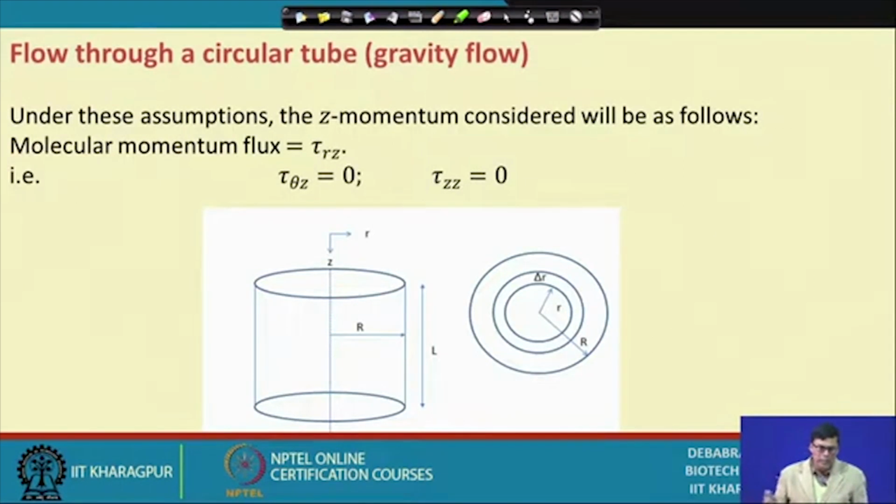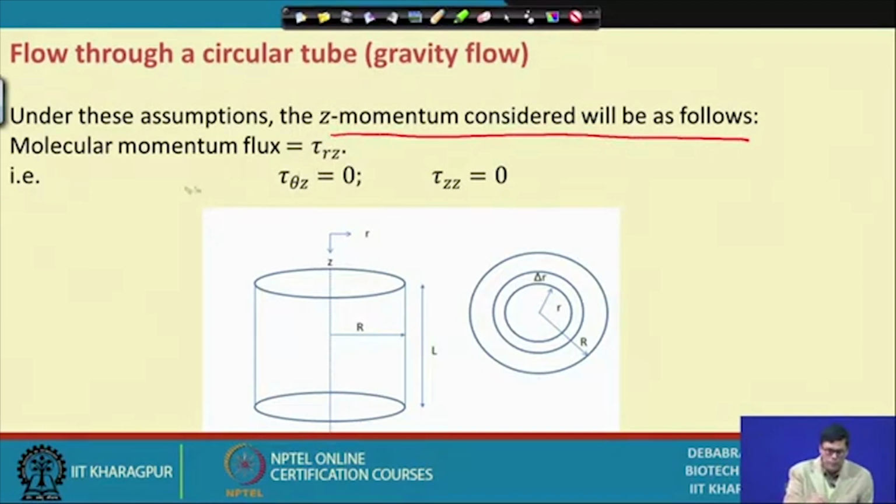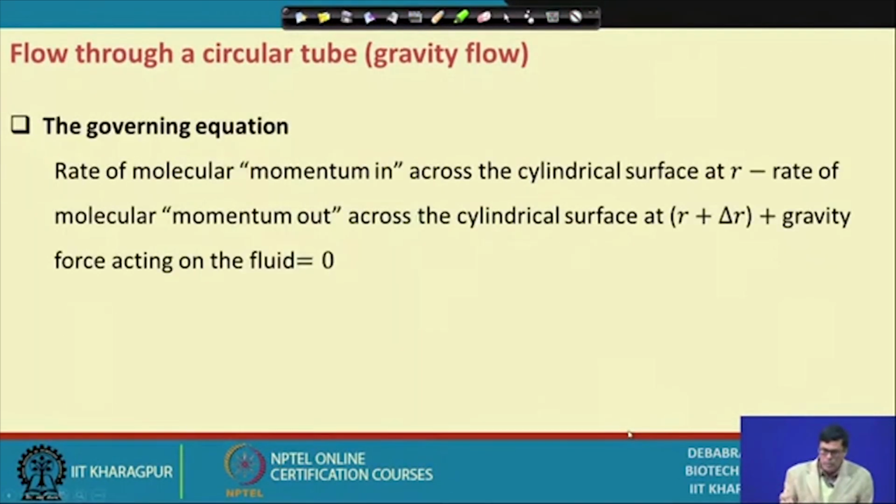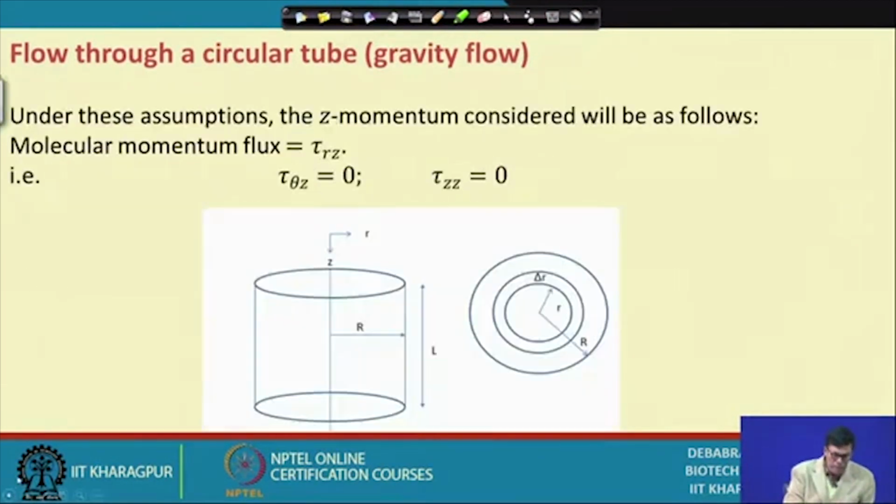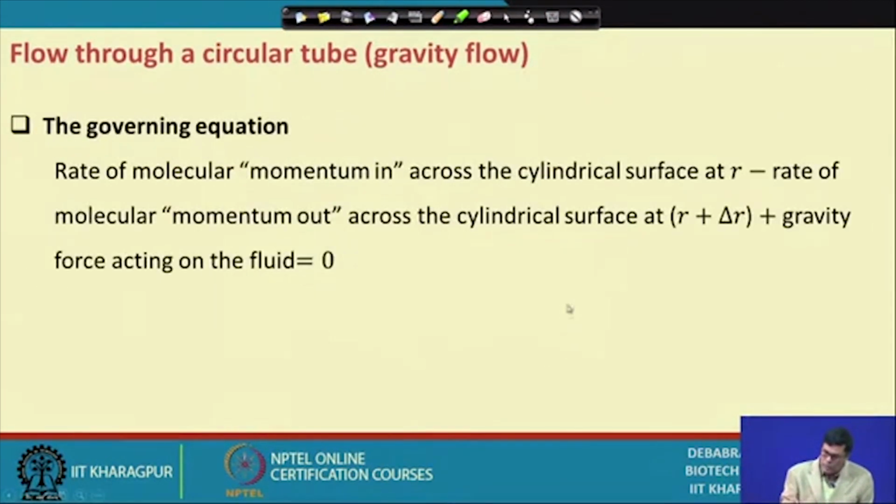Now let me explain the flow through the circular tube. Under these assumptions, the momentum is considered as follows: the molecular momentum flux is tau Rz, and tau theta z equal to 0 and tau zz equal to 0, that we assume. Then we also consider a segment.